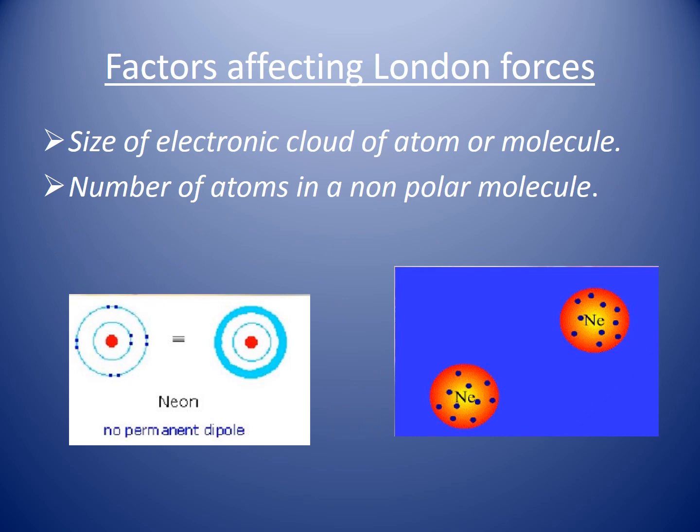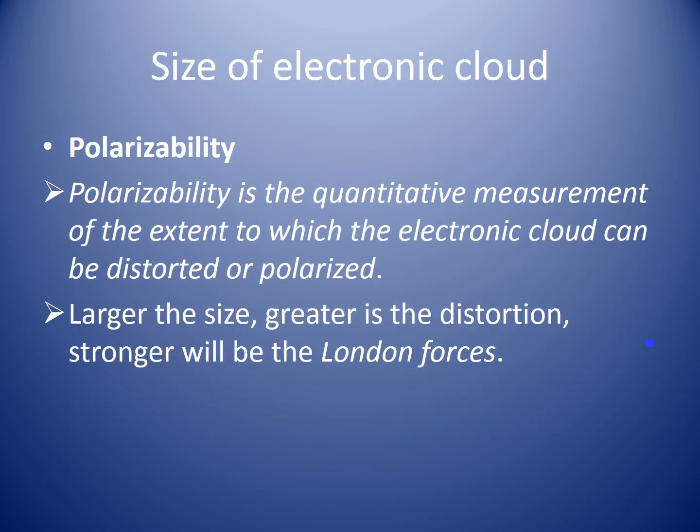What are the factors affecting London forces? There are two basic factors which affect the London dispersion forces. These are size of electronic cloud of atom or molecule. The second is number of atoms in non-polar molecule. Size of electronic cloud. How it affects the polarity?